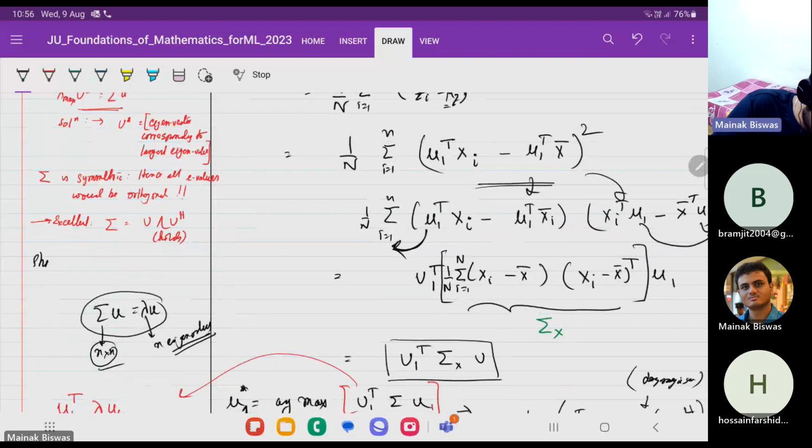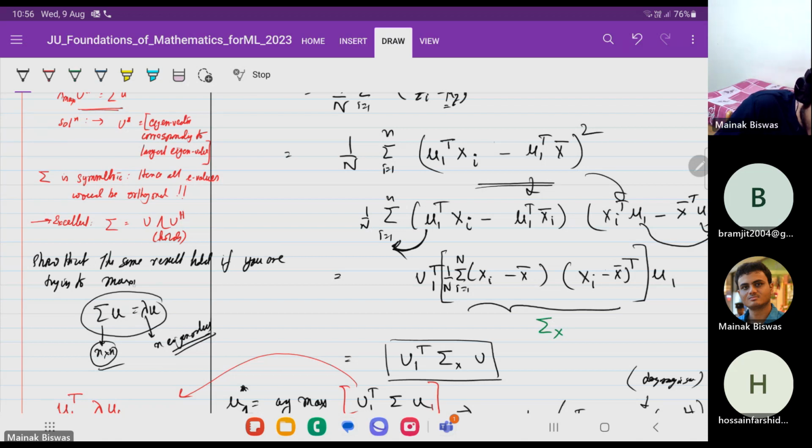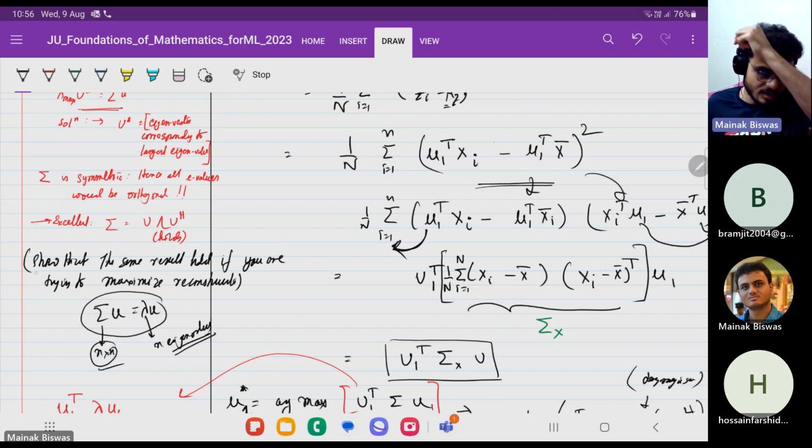Show that the same result holds if you are trying to maximize reconstruction. What is reconstruction?